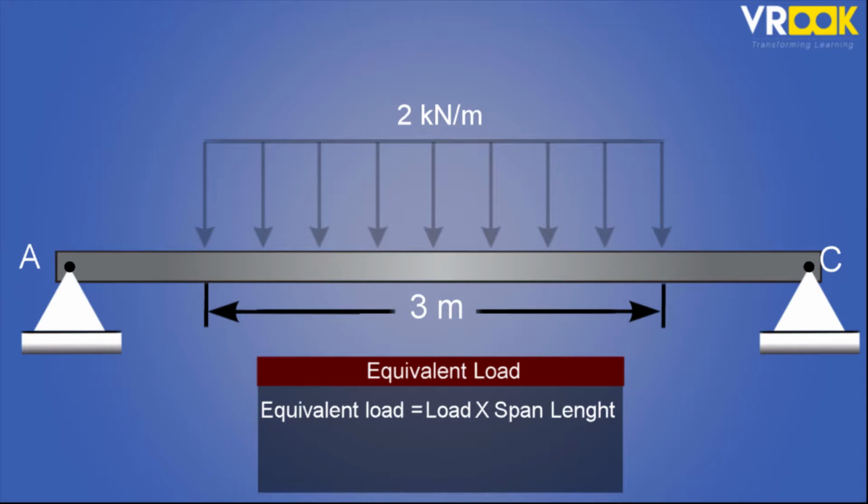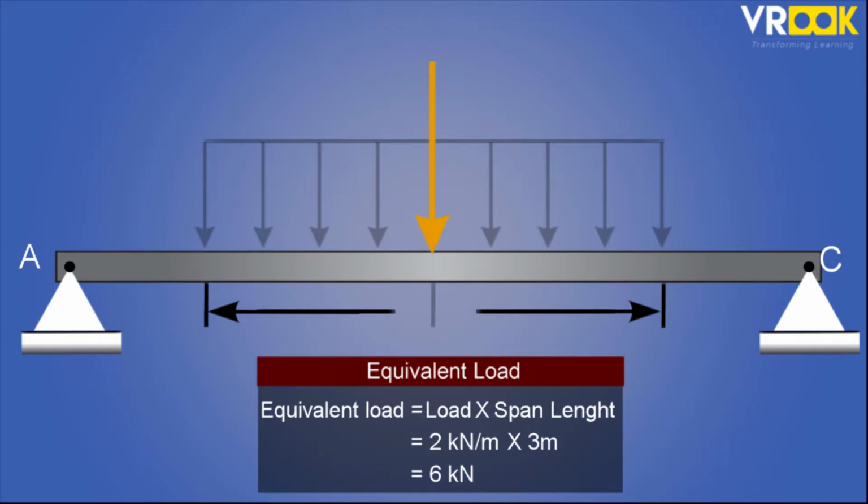Then the equivalent load will be 2 kilonewton per meter multiplied by 3 meters, that is 6 kilonewton point load. The position of this point load will be at the center of the span, that is at 1.5 meters from the ends. This is UDL.